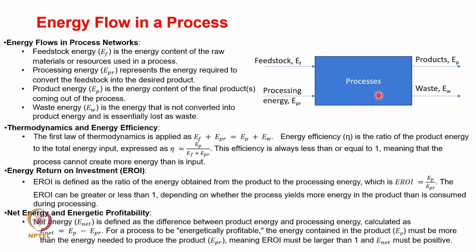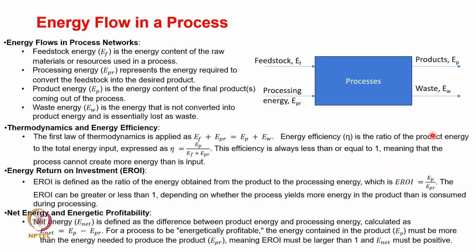Now let us play around with these four terms and try to provide a balance across them. The first law of thermodynamics, which of course we can apply, gives EF plus EPR equal to EP plus EW. Energy efficiency is the ratio of the product energy to the total energy input, which is evaluated as EP divided by the summation of EF and EPR, and this efficiency is less than or equal to 1, meaning that the process cannot create more energy than is fed into the system.